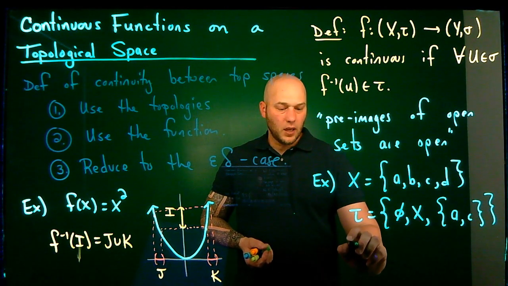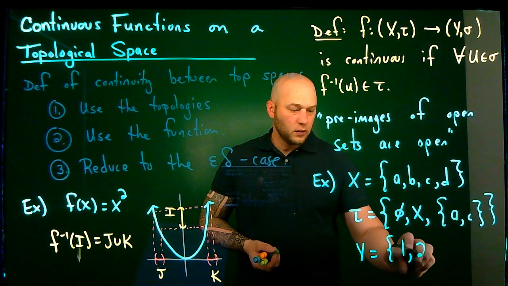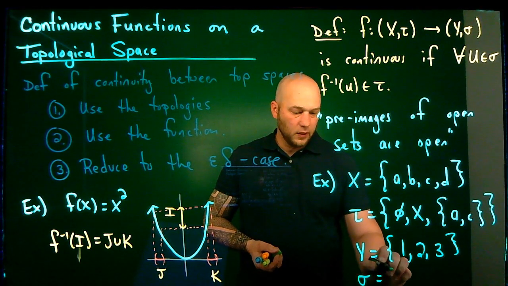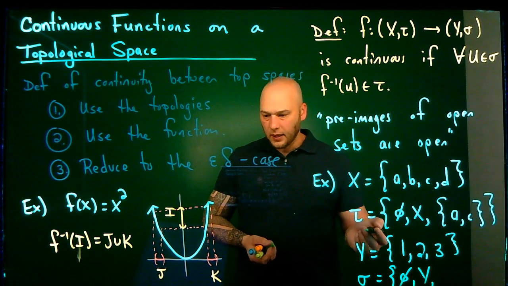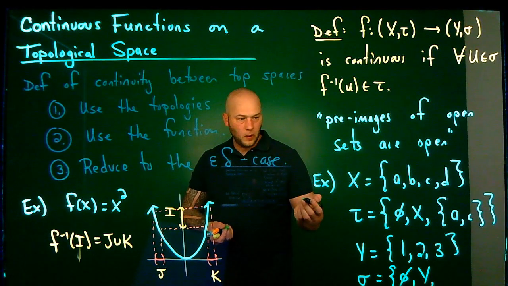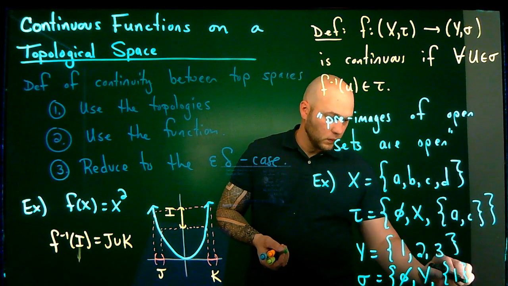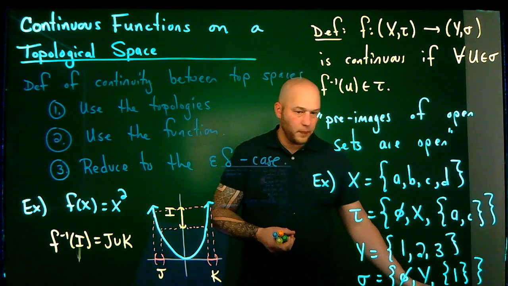Let's say another set Y is given by 1, 2, and 3, and let's define a topology on that. Let's say we've got the empty set, Y, and then the set containing 1. Okay, so that's a singleton. Again, that is going to be a topology.